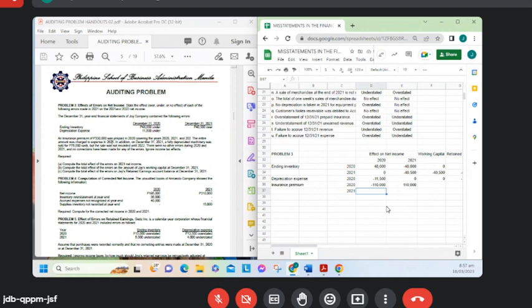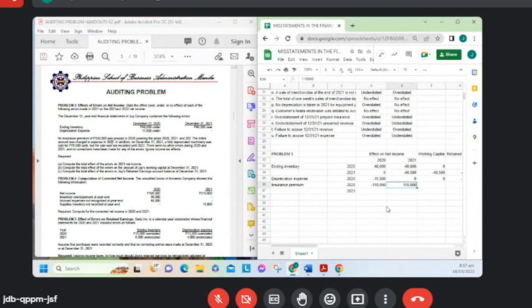So it means understated by 110,000 yung net income during the year.